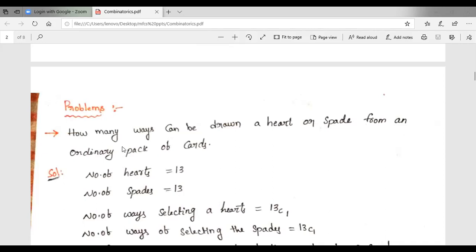So 13 heart symbol cards and 13 spade symbol cards are there.